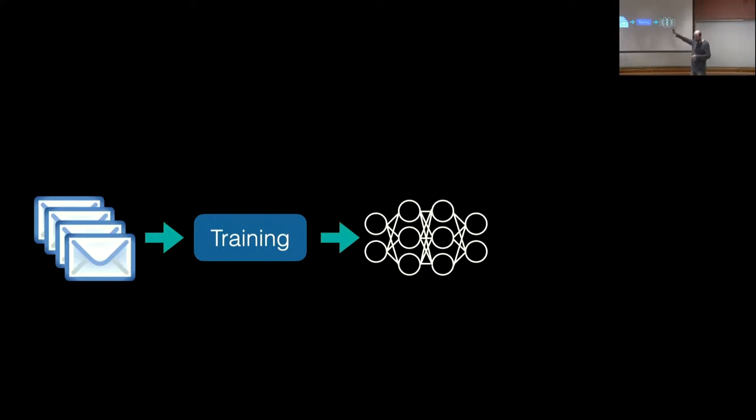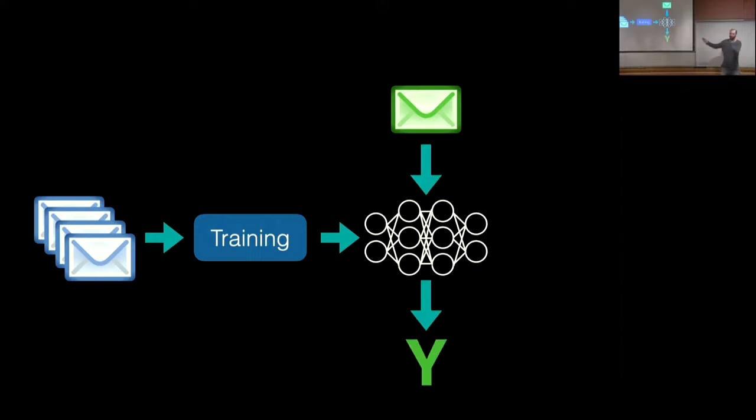And this gives you your model, and then you have some new data come along at test time, and you want to ask, is this email spam, or is it malicious, or help me complete the next paragraph I want to write, or whatever the thing is that you want to do.